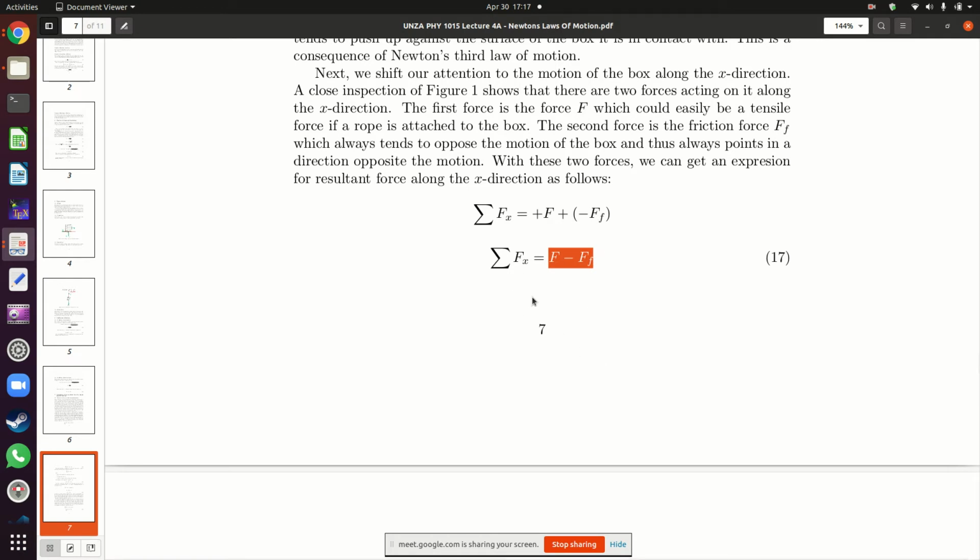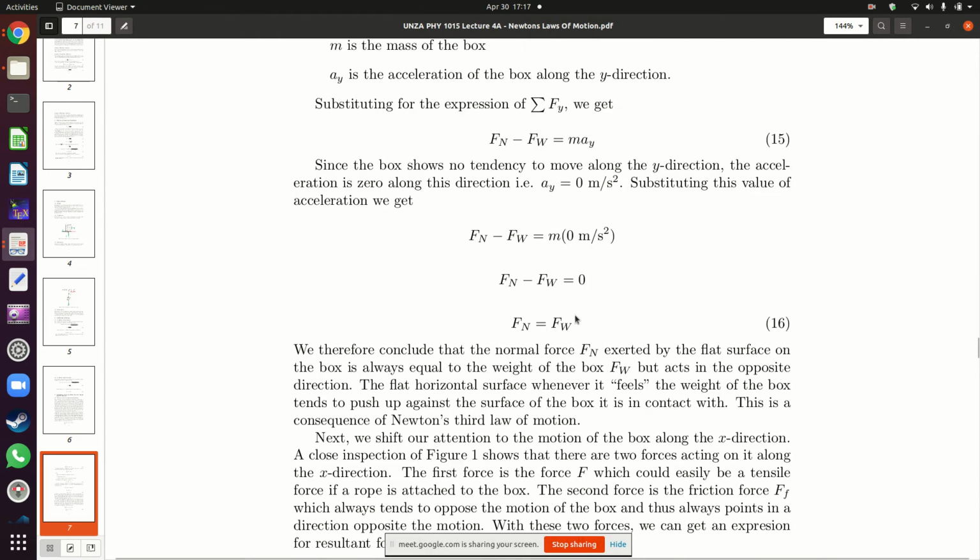Remember, a resultant force can end up being 0, like in this case where we have Fn minus Fw, where our resultant force ended up being 0. If the resultant force is equal to 0, then you do not get any acceleration, which means that the velocity of the box does not change.